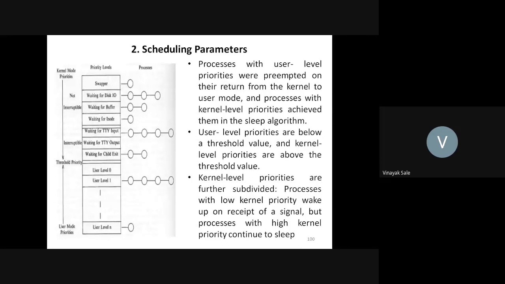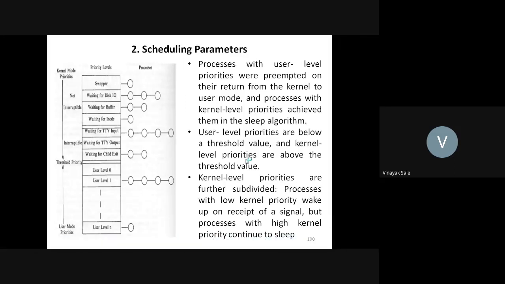The processes with user level priorities were preempted on their return from the kernel to user mode, and the processes with kernel level priorities achieved them in the sleep algorithm. User level priorities are below a threshold value.